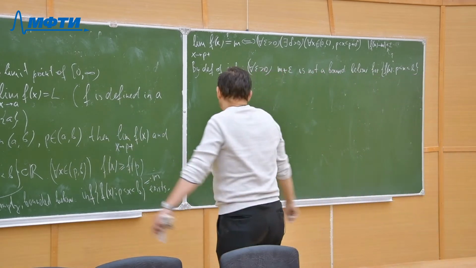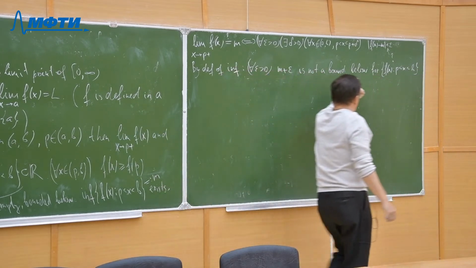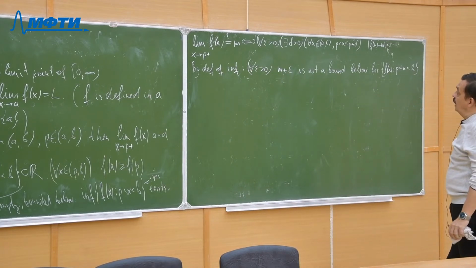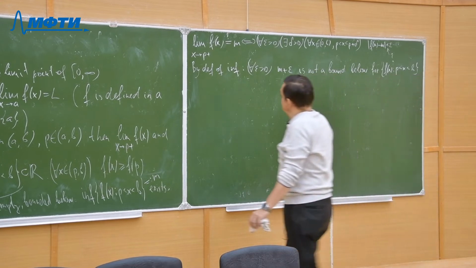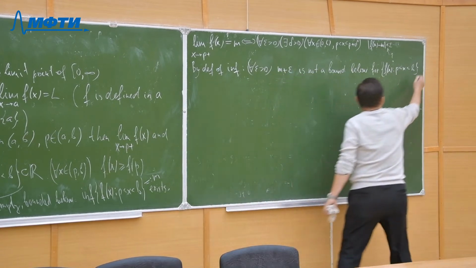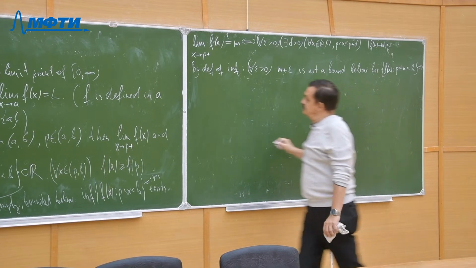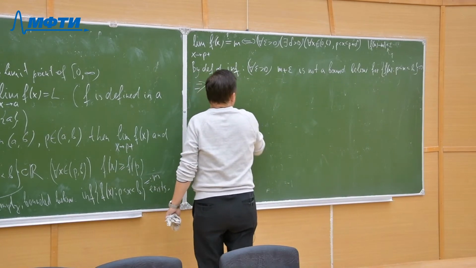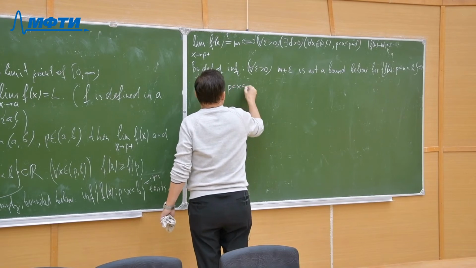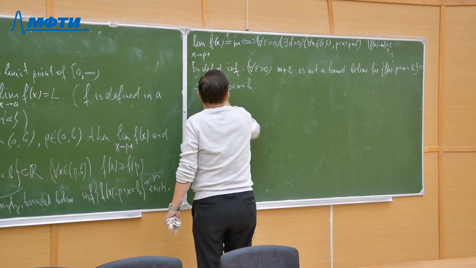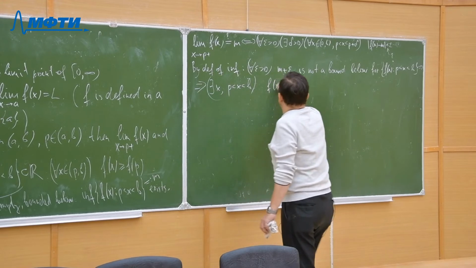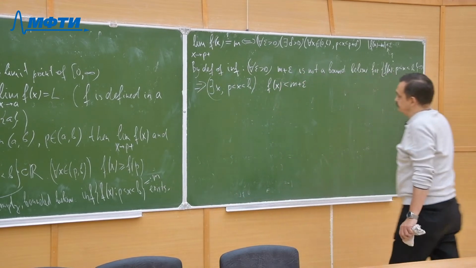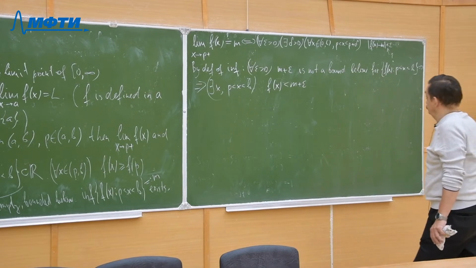So the number is not a lower bound. And it means, hence, there exists x, p less than x less than b, such that f of x less than M plus epsilon.